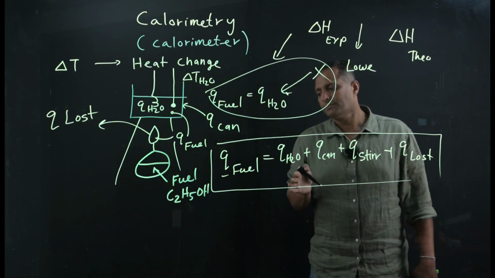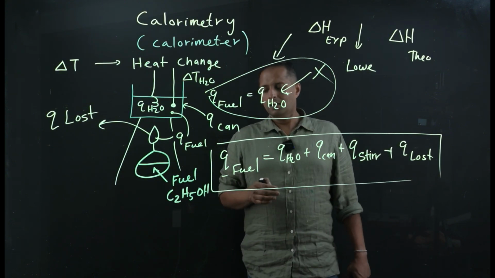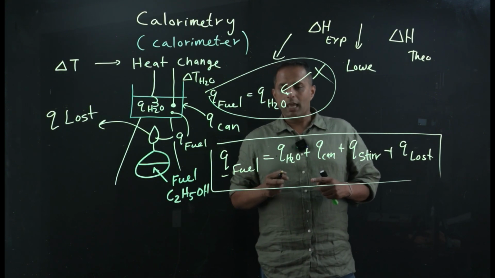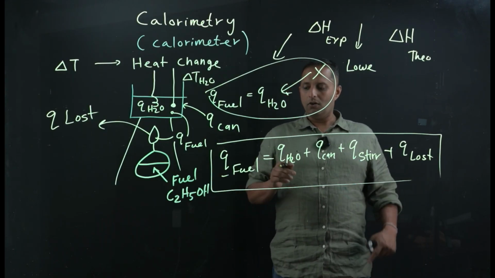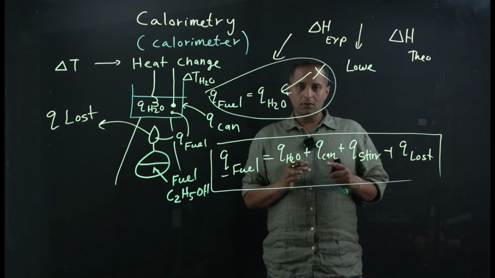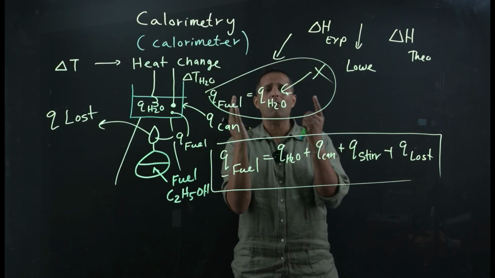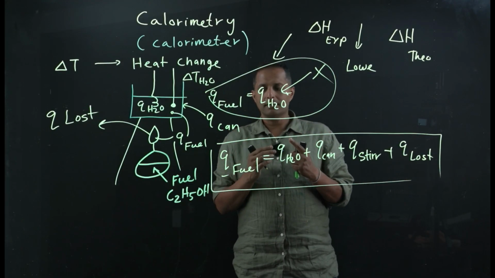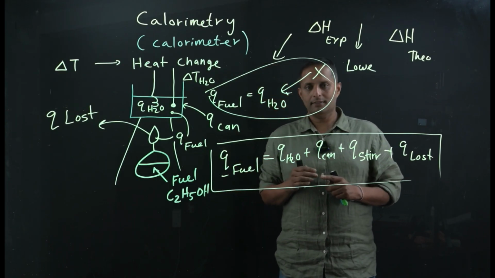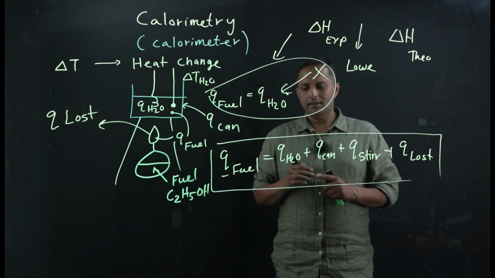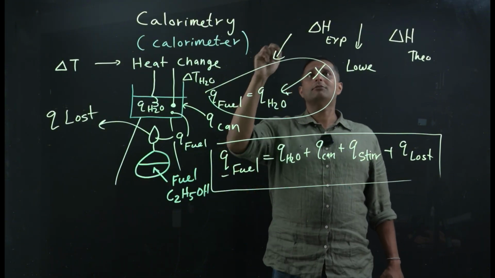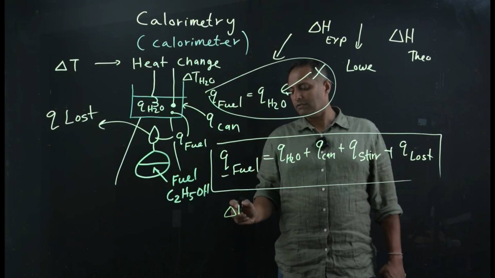Now, going back to this. If we can contain all that energy that is going to be released by the fuel into one place, we will be able to get an accurate delta H value.